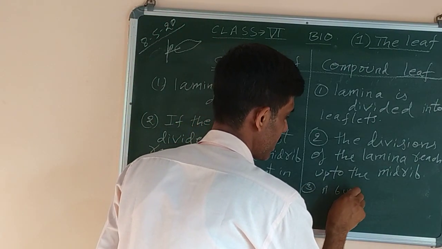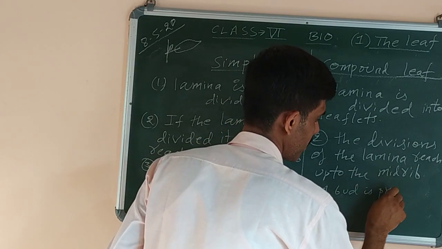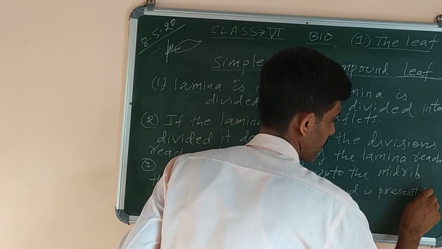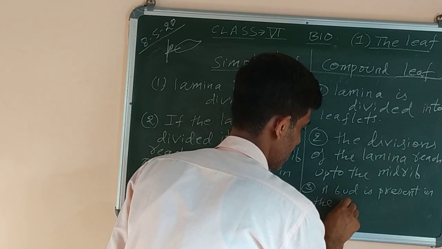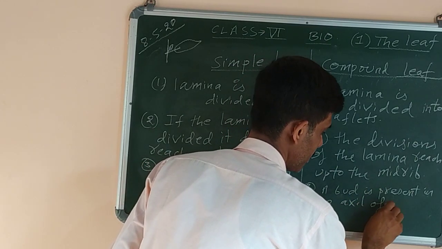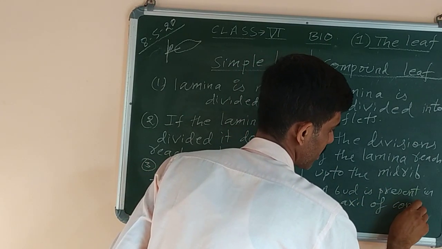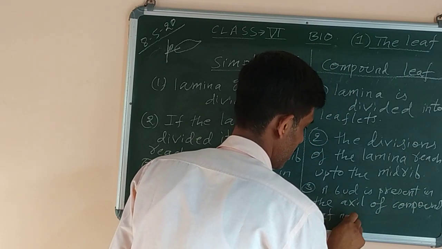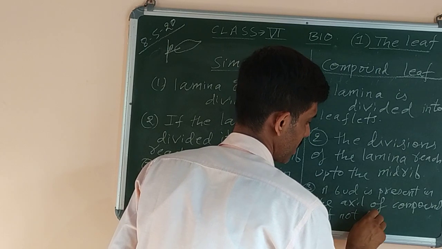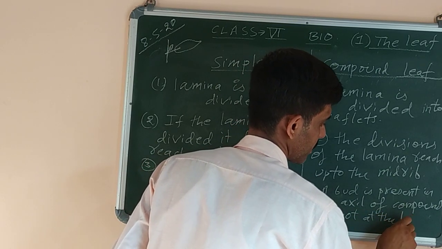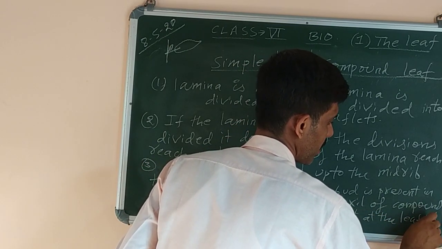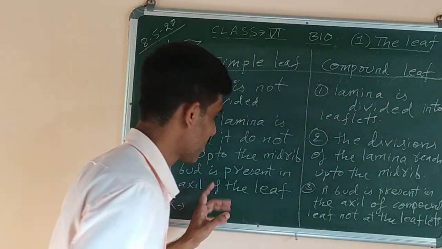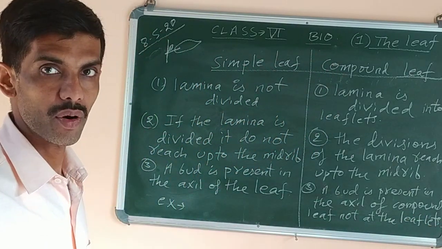A bud is present in the axil of the compound leaf, not at the leaflets. Means not at the base of the leaflets, only at the base of the compound leaf.